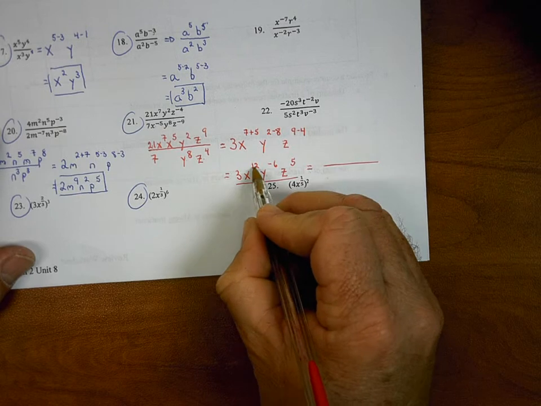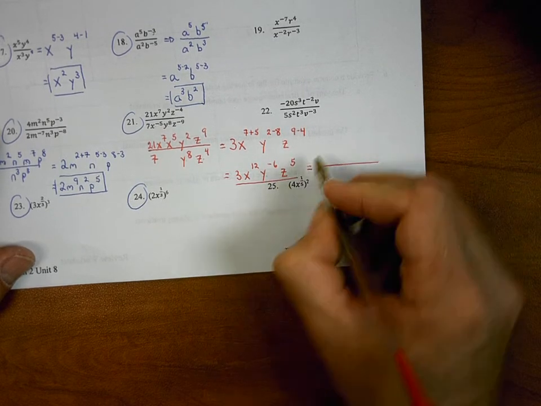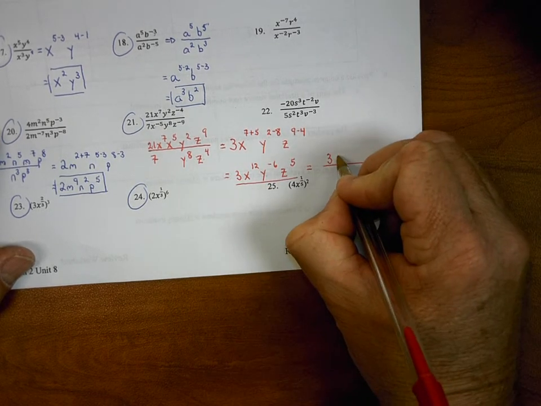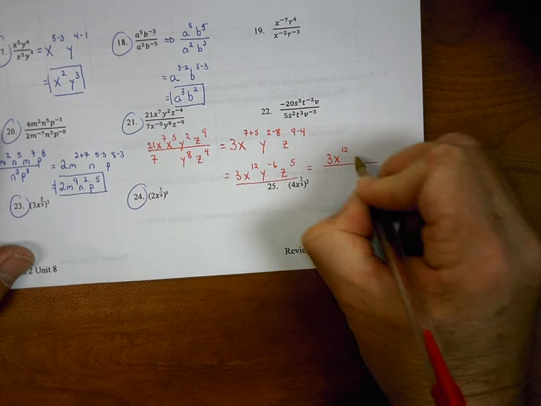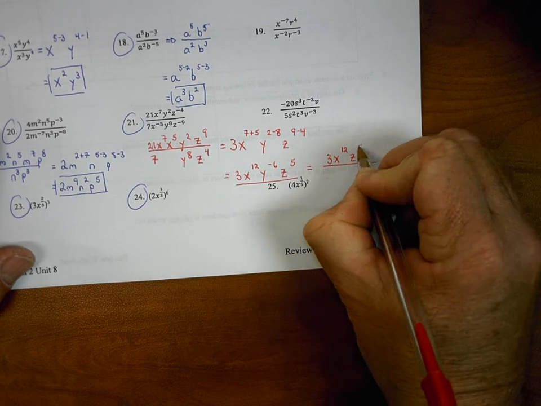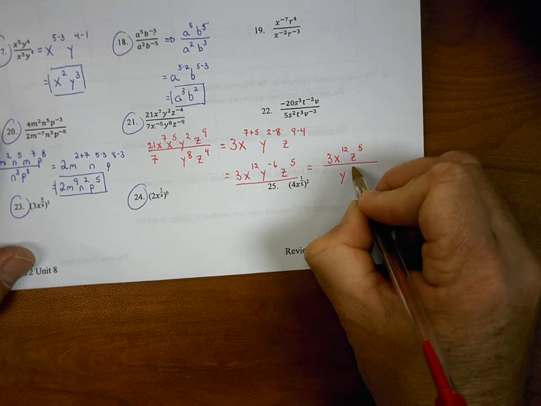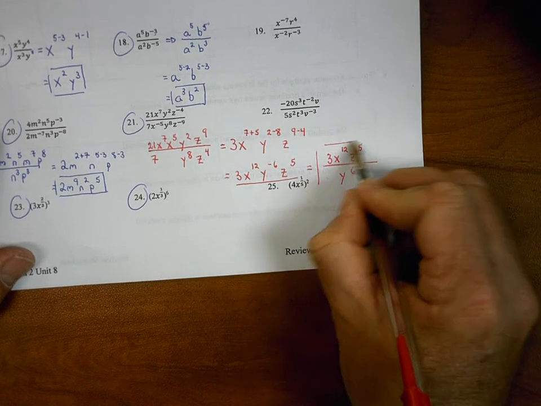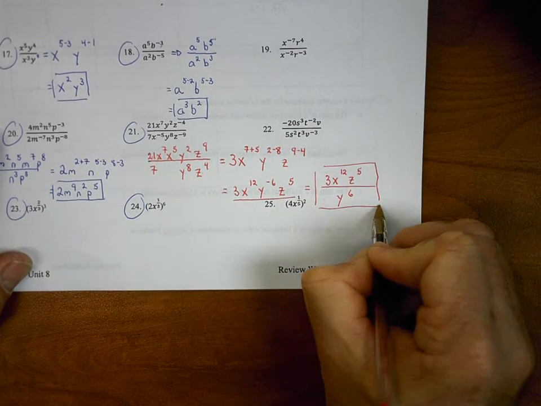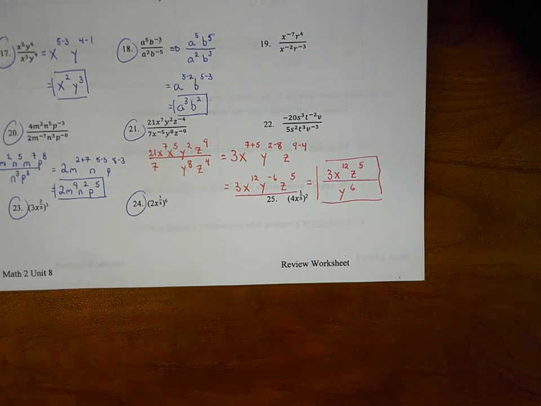So anything that has a positive exponent, you leave in the numerator. So the 3, the x to the 12th power, the z to the 5th power will stay in the numerator, but then the y to the negative 6th power will become a y to the positive 6 in the denominator. That's my simplified expression for number 21. Okay?